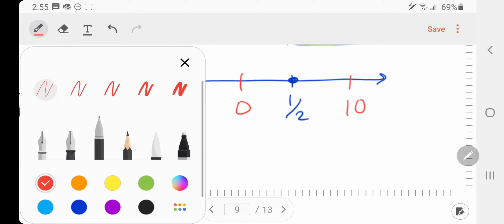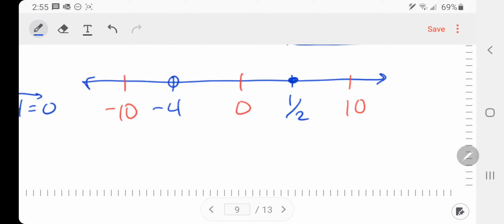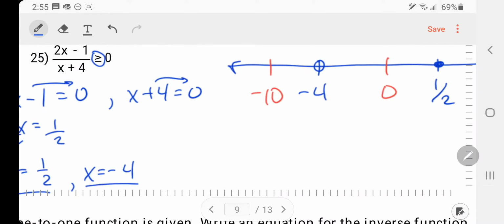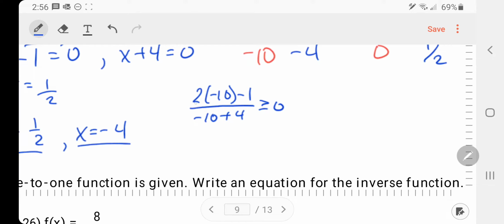All right, so now to test those test points. Let's see, plugging back into the fraction, we're going to get 2 times -10 minus 1 over -10 plus 4. We want to know, is that greater than or equal to 0? Well, let's see. That's going to be -21 over -6.